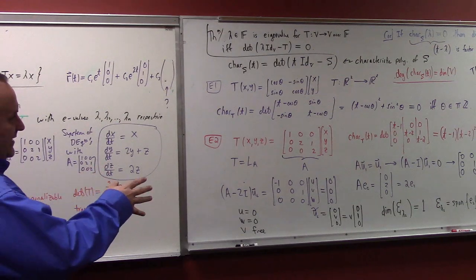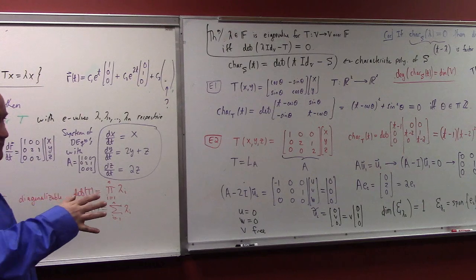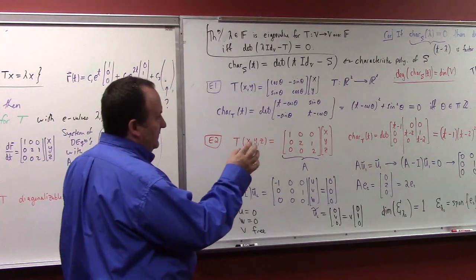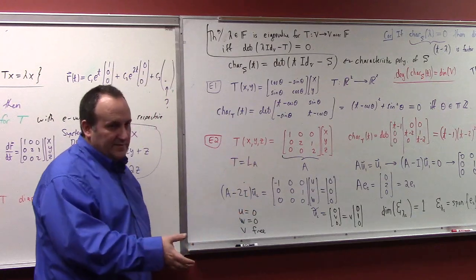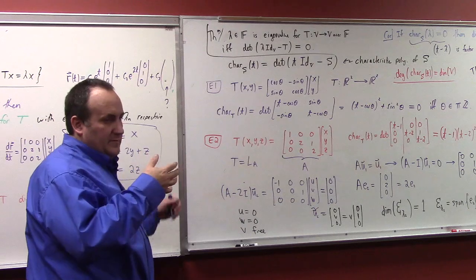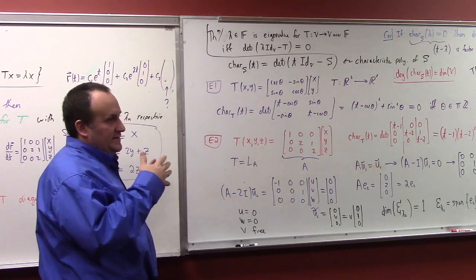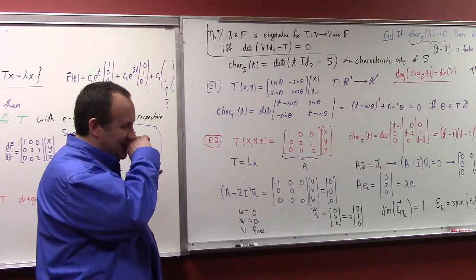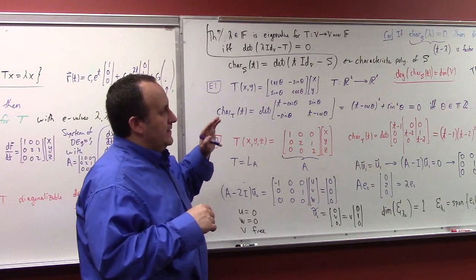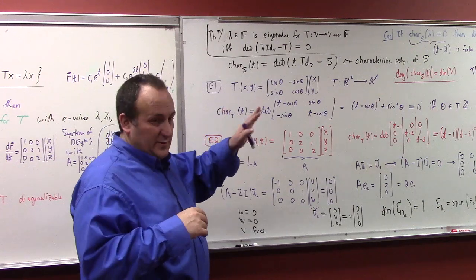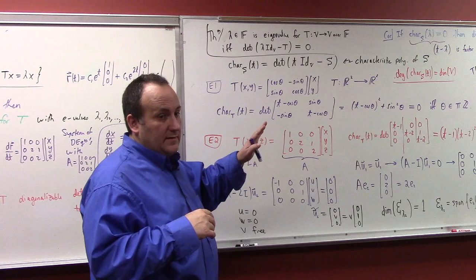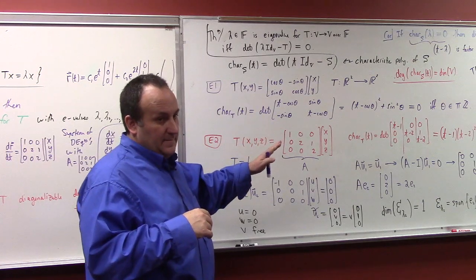So the dimension of the eigenspace is the geometric multiplicity. The number of times the factor is repeated is the algebraic multiplicity. The theorem that basically governs these is, first of all, the geometric multiplicity has to be at least 1, and it can be at most the algebraic multiplicity.